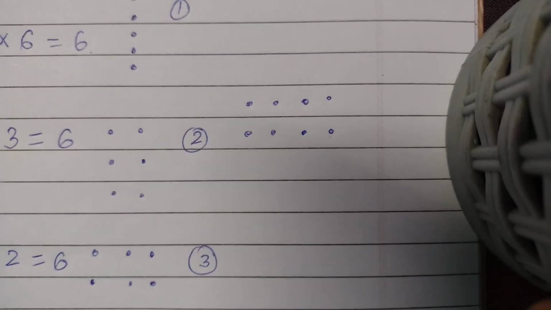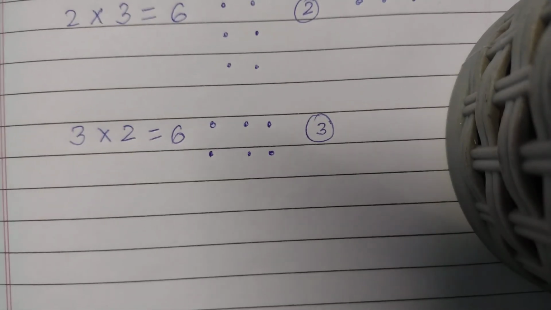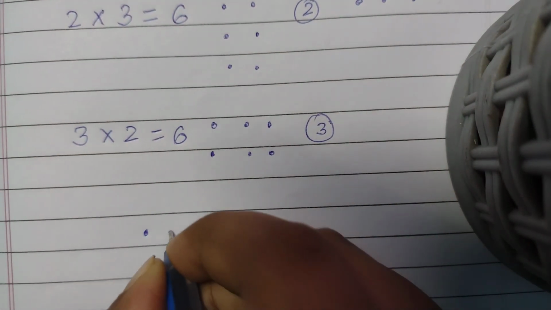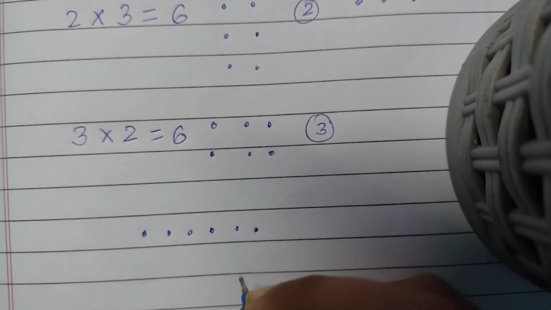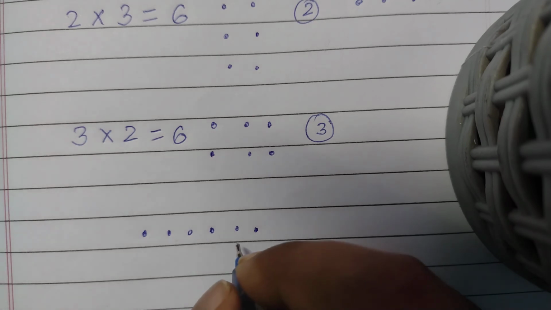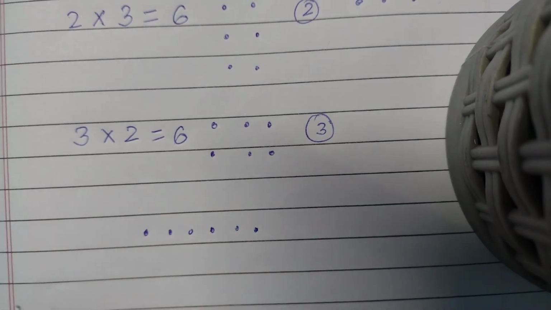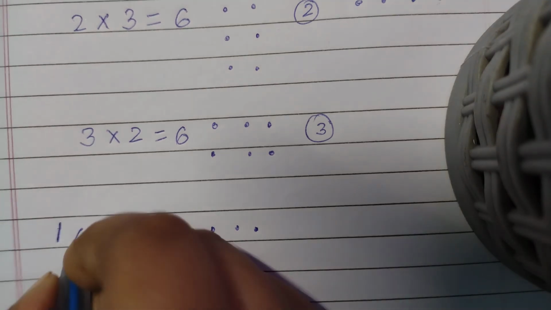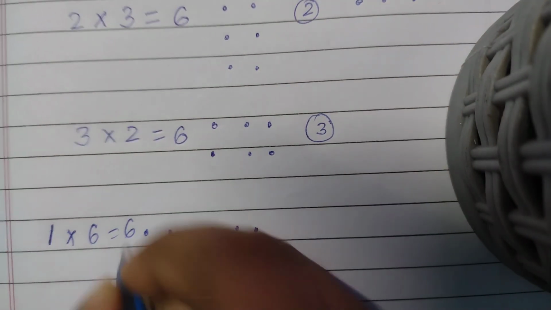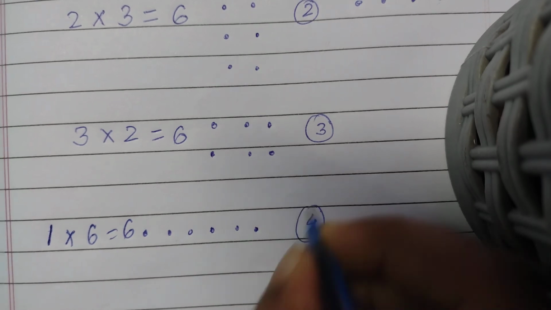Now if he arranged 6 marbles in each row, 1, 2, 3, 4, 5, 6, how many rows are there? There is only 1 row, and 6 marbles in it. So that is 6. This was our fourth case.